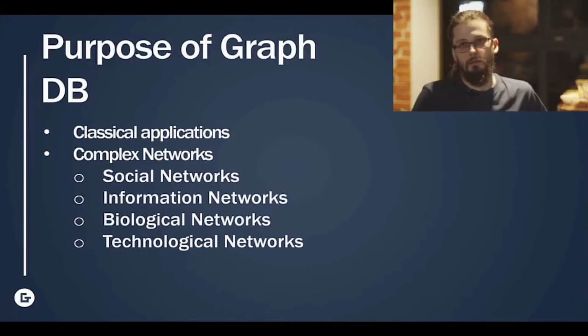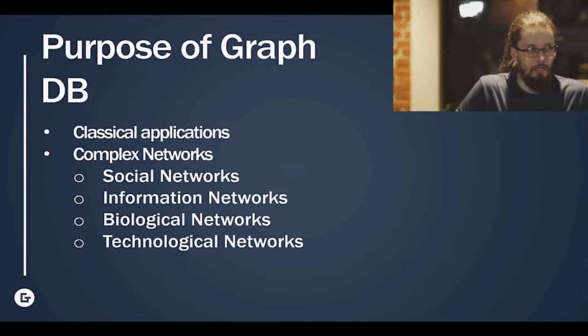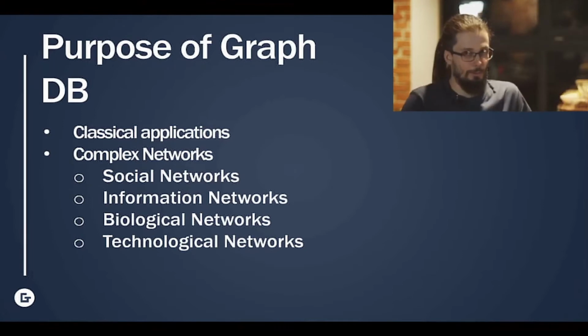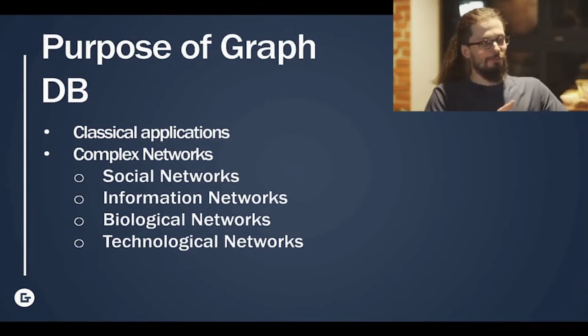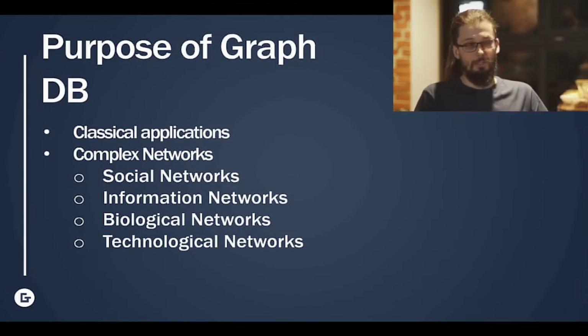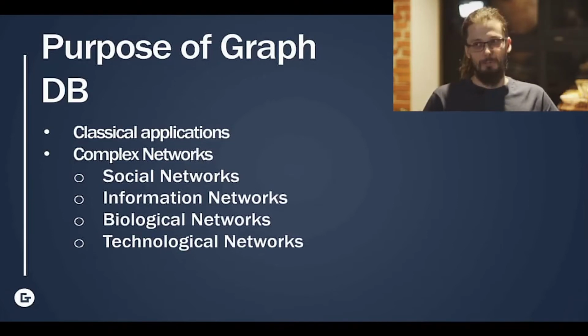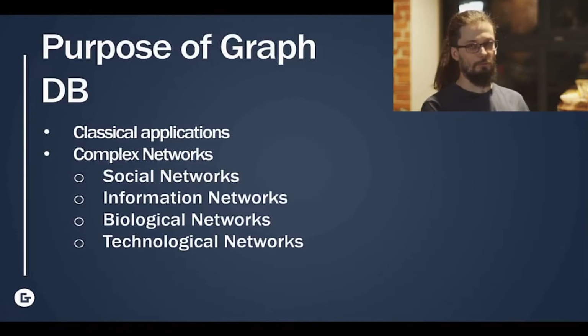Biological networks. I mean, I'm not a biologist. I've got friends who are, but I'm not personally. And most of the things in biology, I hope, or I think, are represented by networks. So yeast metabolism, or protein-to-protein, or gene regulatory, all that stuff, networks. And you can present every one of them in a graph database.